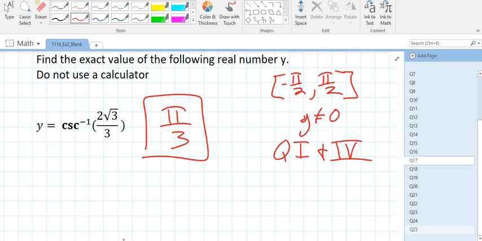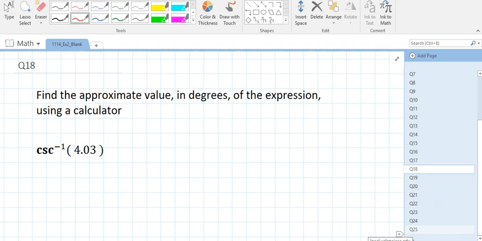No. Good. All right. 18. So it says using a calculator. That's a big hint for you. Use a calculator. Okay? Because 4.03 is not on our chart. And this 4.03, is that in radians or is that in degrees? It's radians. How do I know that?